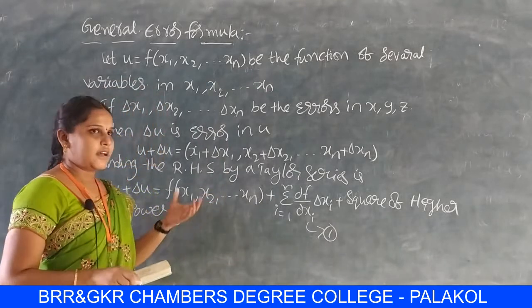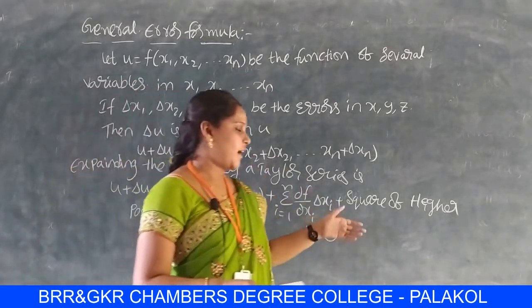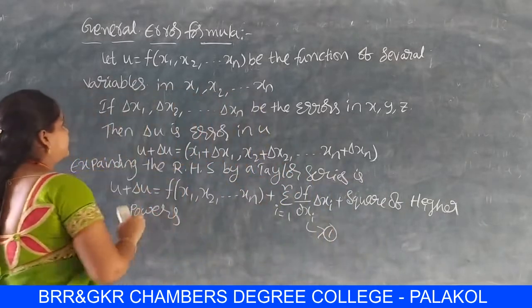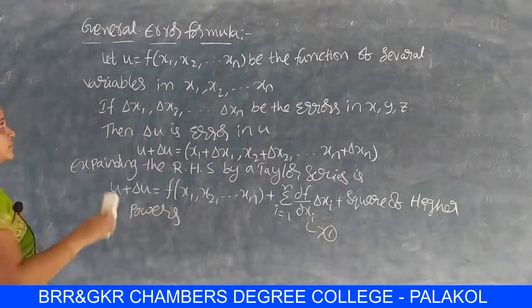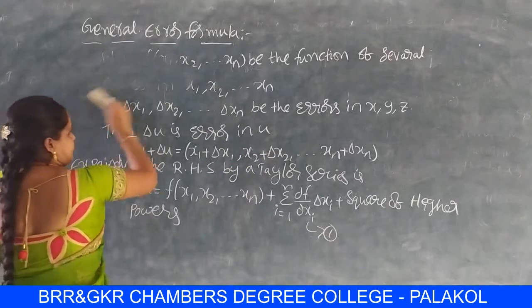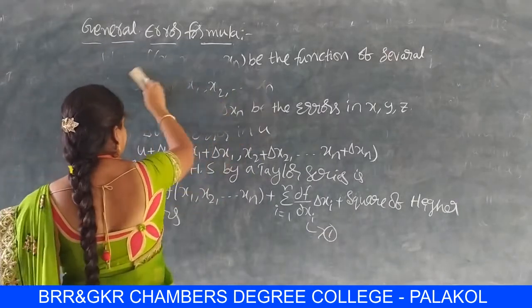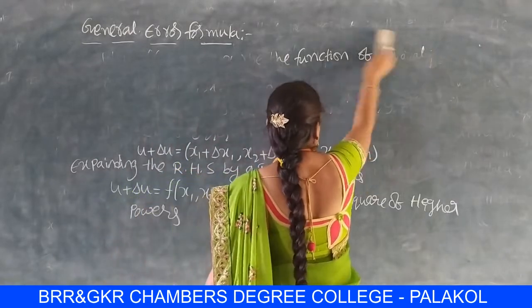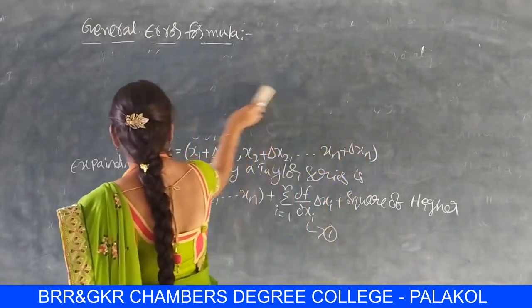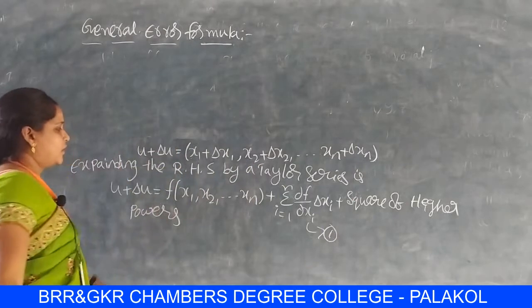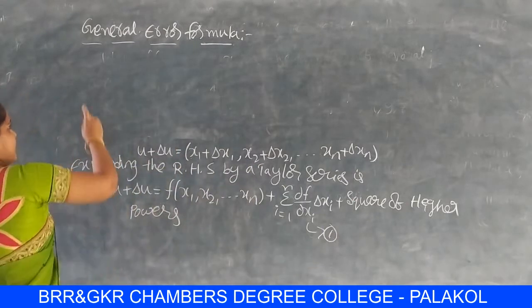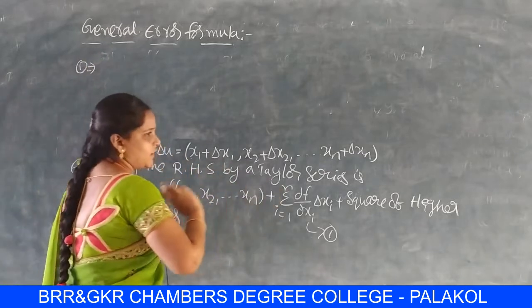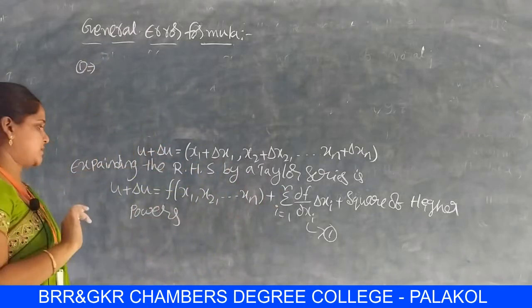In the Taylor series expansion, the higher powers or higher terms are neglected. So from equation 1, higher powers or higher terms are neglected by the Taylor series.